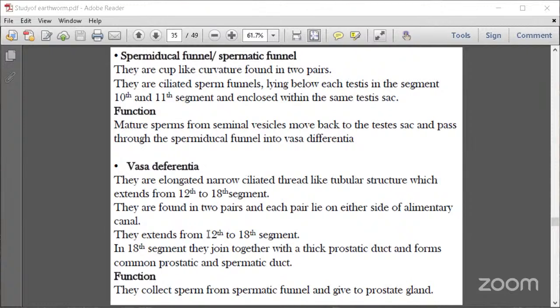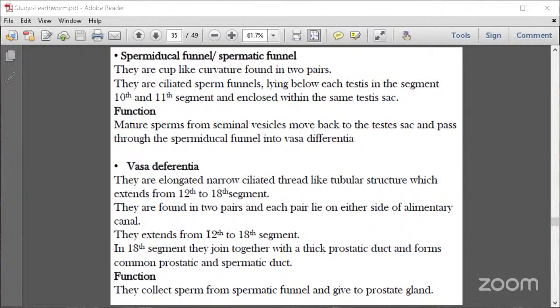Their duty is that mature sperms from the seminal vesicles move back to the testis sac and pass through the spermiducal funnel into the vasa deferentia.